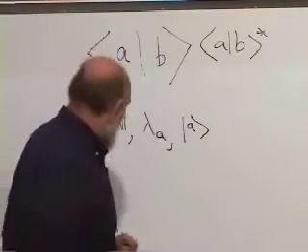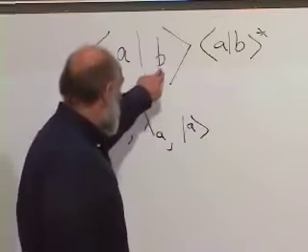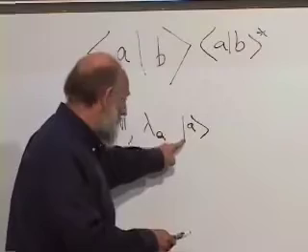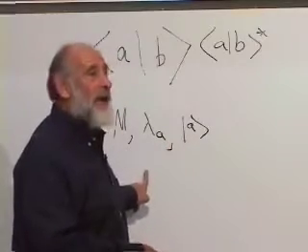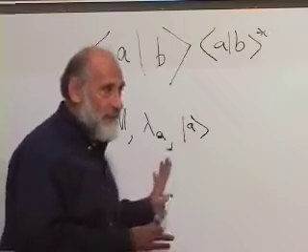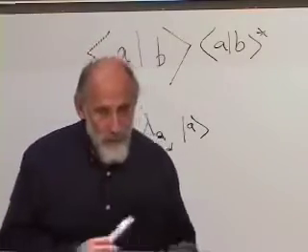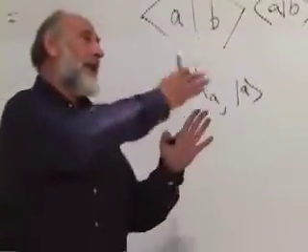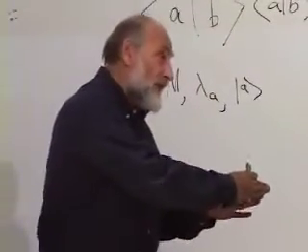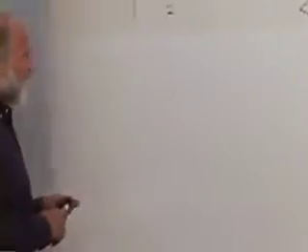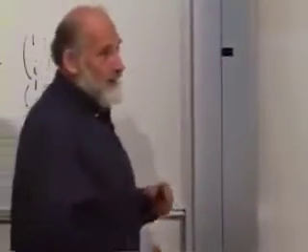So if you prepare the system in one eigenvector corresponding to a different eigenvalue, then the probability that you get A is 0. So if you prepare it in one eigenvector and you measure, the probability that you get a different eigenvalue is 0. That's part of the probabilistic interpretation here.